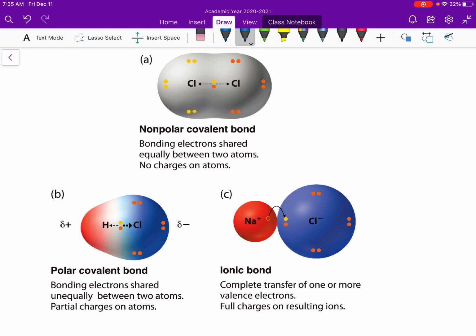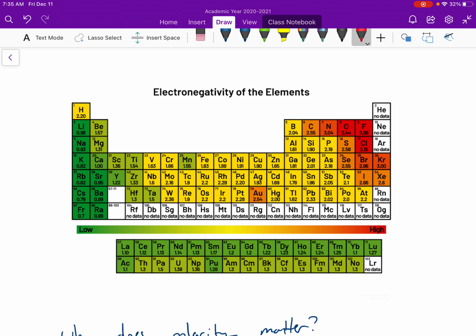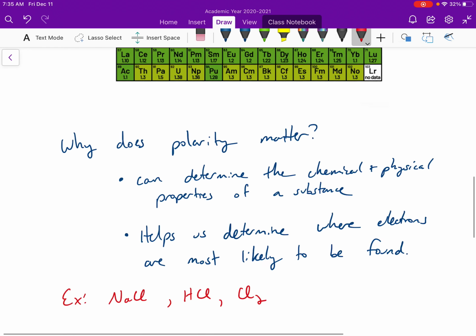I want to start with the ionic one. Okay? Look what happens. Chlorine is so much bigger in terms of electronegativity. And if we actually crunch the number here, we're going to go back up to our chart. Cl has a 3.16, Na is 0.93. So that's a huge difference, more than 2.